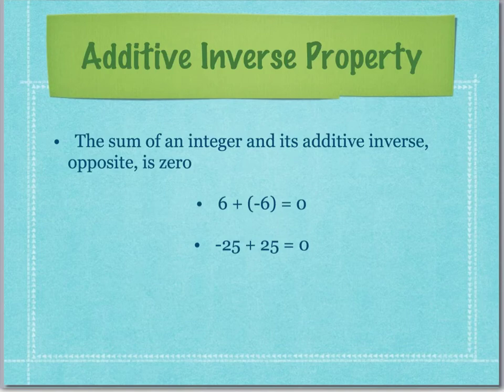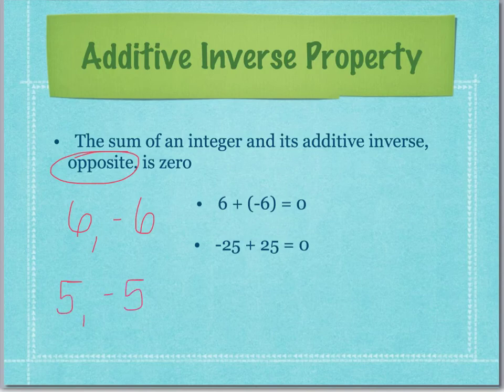Okay, last thing we're going to talk about, and you should all remember this from last year, is the additive inverse property. So the sum of an integer and its additive inverse or opposite is 0. So the opposite of 6 is negative 6. The opposite of 5 is negative 5.